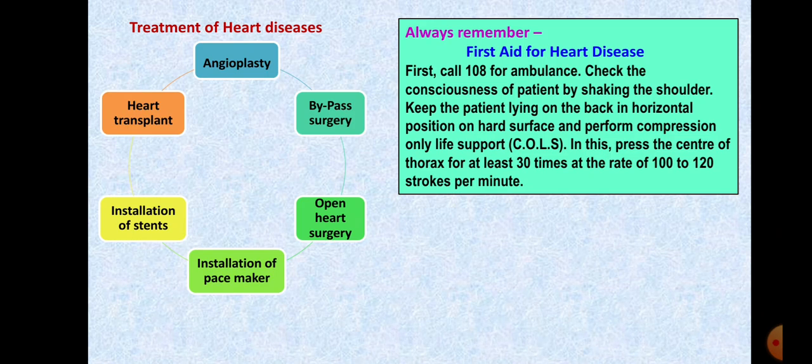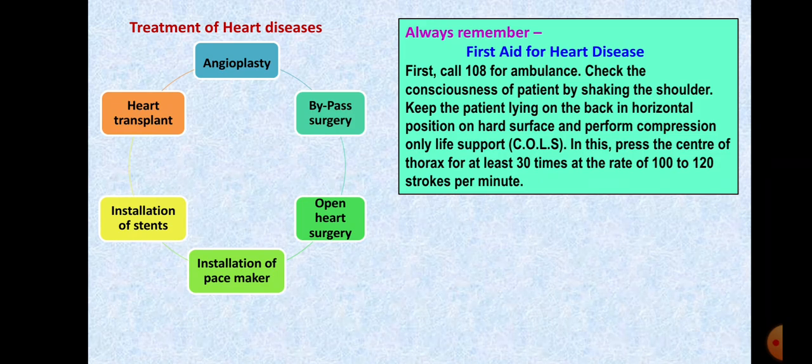Now it regulates the heartbeat. And what is heartbeat? Heartbeat is nothing but the flow of blood from the heart. So if the heartbeat goes very low, then the installation of pacemaker is done.